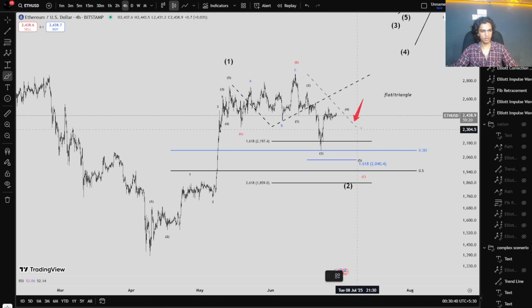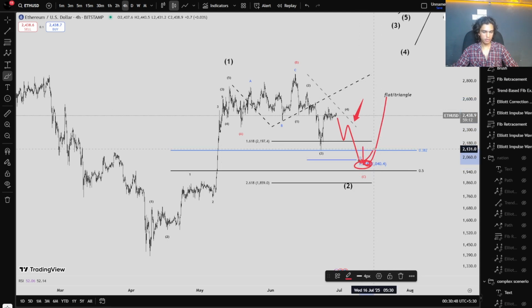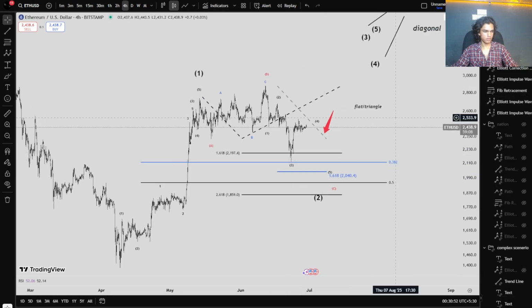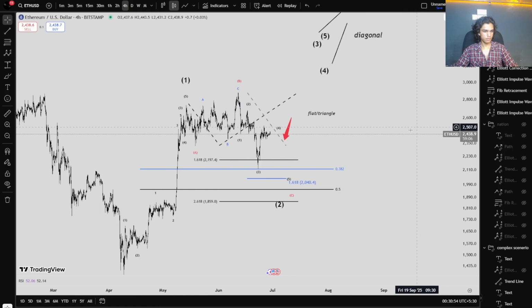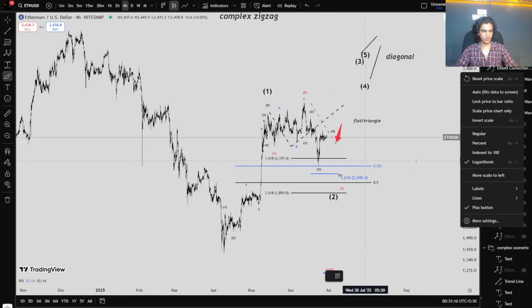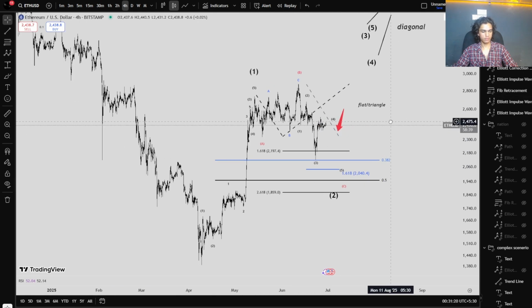The market can fall to this level, and we can expect a bounce from here. This level will be a good point of interest, so keep an eye on it. So watch this 2040 price level. That will be a good point of interest.